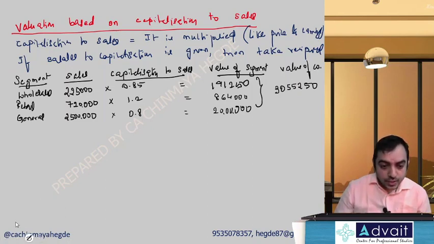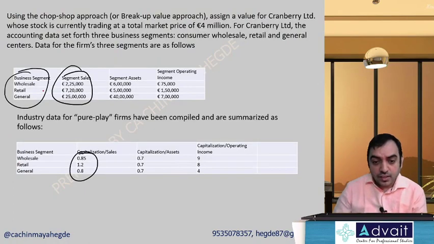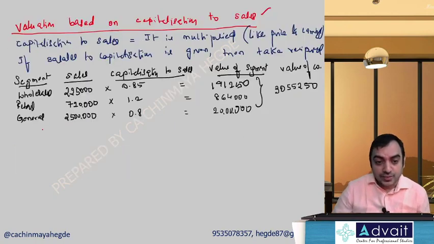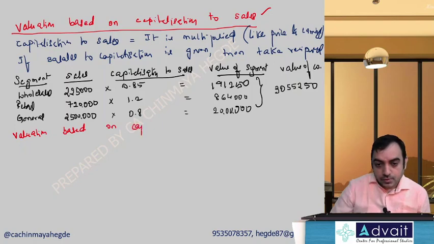Okay, then valuation based on capitalization to sales we have done. Next, we have capitalization to assets. So, valuation based on capitalization to assets.